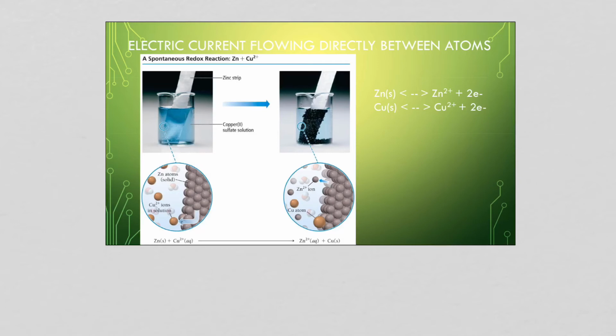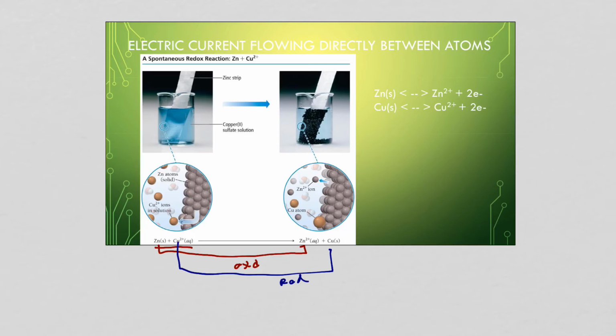If I put a piece of zinc metal into a solution that contains copper ions, what we see is a spontaneous oxidation reduction or spontaneous redox reaction where zinc gets oxidized or loses electrons to form zinc ions, and copper ions take on those electrons to form copper metal. So the copper ions get reduced. So this is one example of a spontaneous redox reaction.